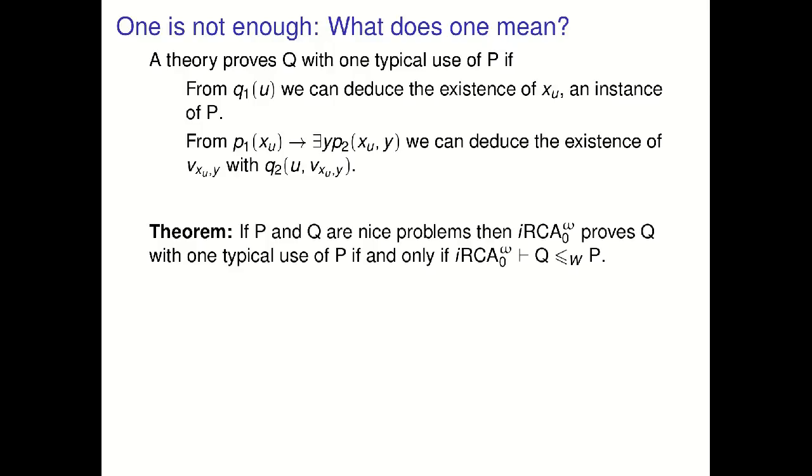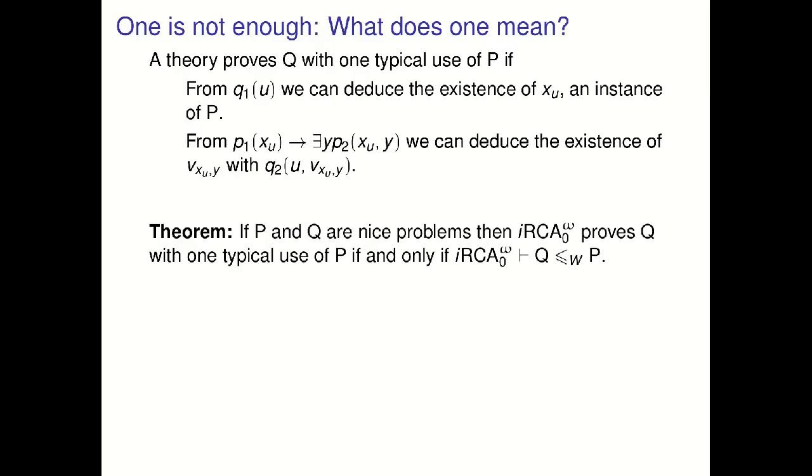Though in a sense that term's based on use, so it's generalized. And then the theorem that you can get out of this is, if P and Q are reasonably nice problems, right, then this intuitionistic RCA dot omega proves Q with one typical use of P if and only if it actually proves that the Weihrauch reduction exists.